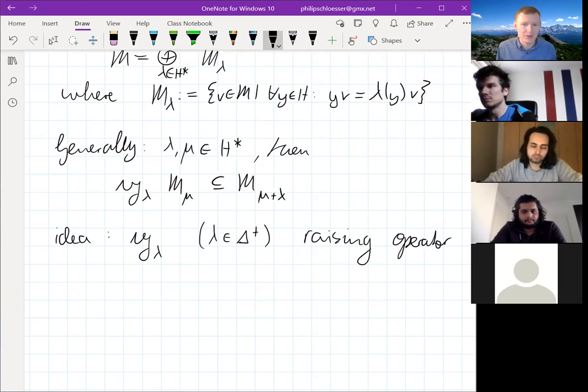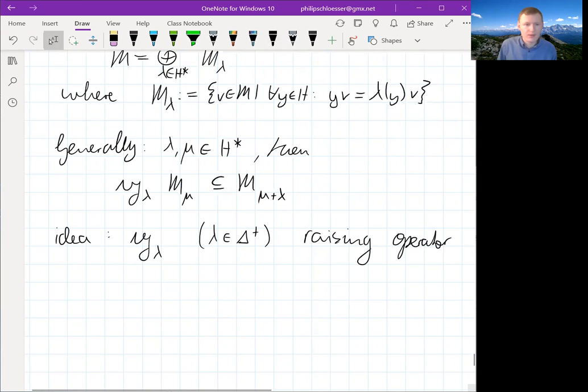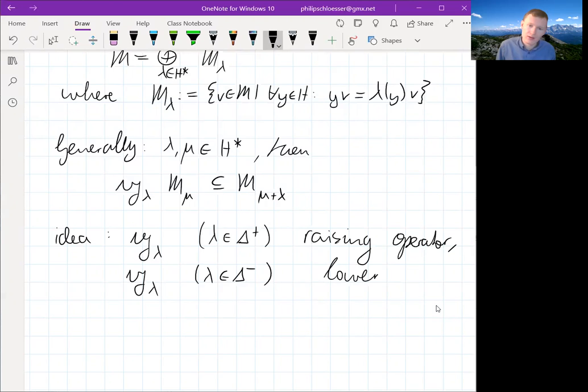Or no, that's maybe a bit too on the nose, but raising operators. And the negative roots are lowering operators.